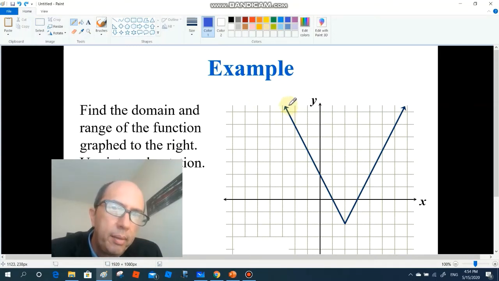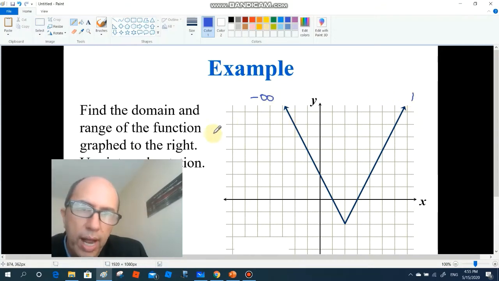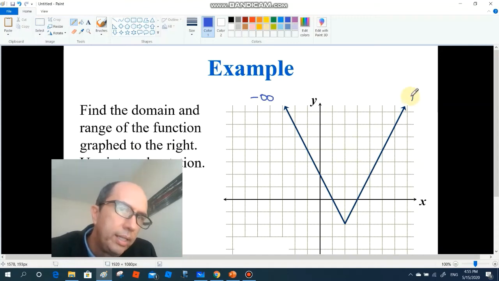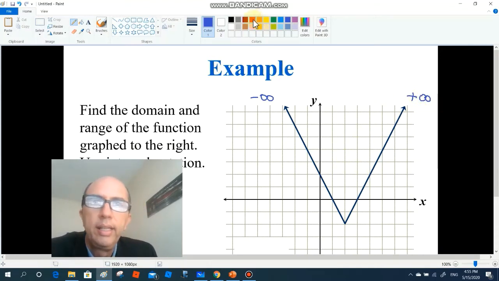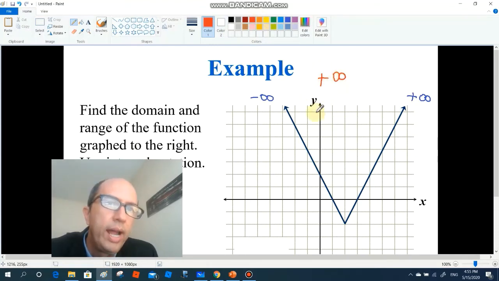On this part of the graph here, it goes to negative infinity on x, right? And positive infinity on x, and goes all the way up to positive infinity on y.